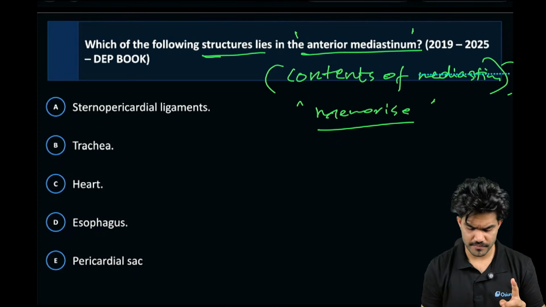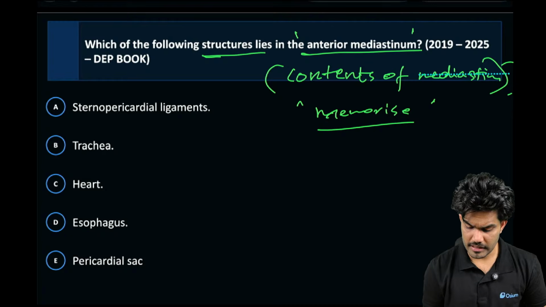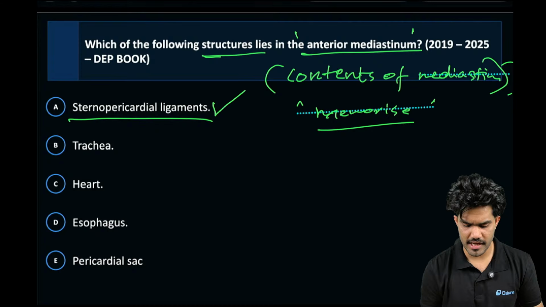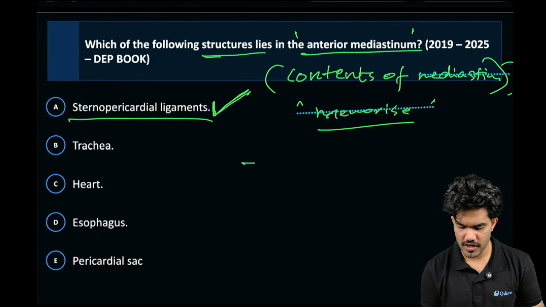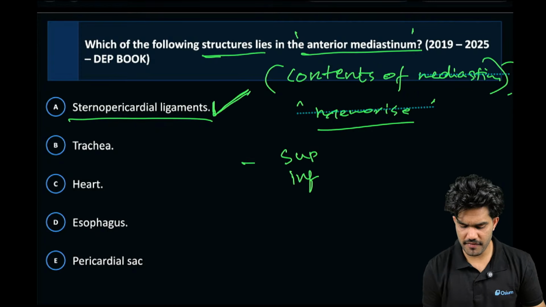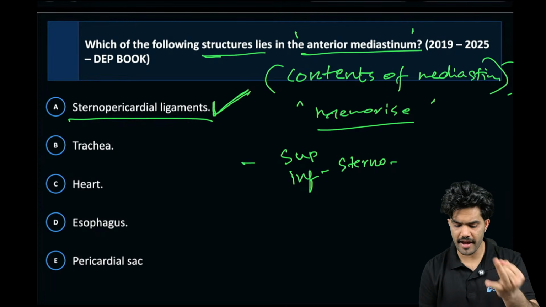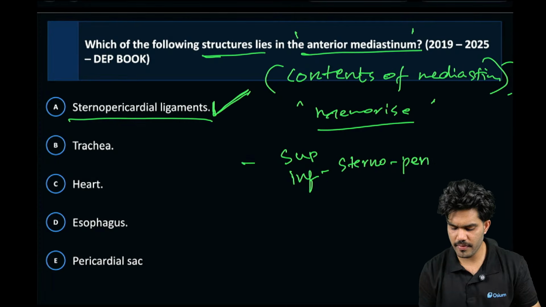Let's see. What are all the contents of the anterior mediastinum? I told you before that the anterior mediastinum has a connection to the sternum and pericardium: the sternopericardial ligament.